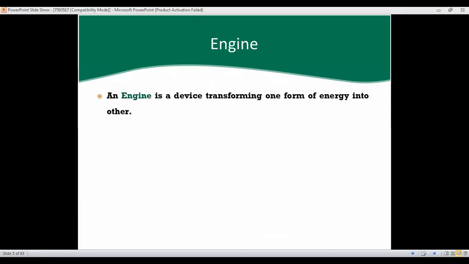Now, the engine. First we describe the engine.